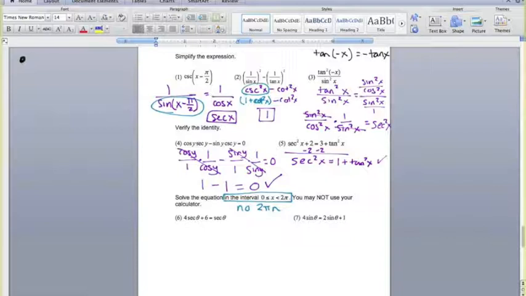To solve, our first step was treat it like an equation and get the trig part alone. So I'm going to begin by subtracting 4 secant of theta from both sides. So I get all those together. And then I'm going to divide by -3, which gives me -2 is my secant of theta.